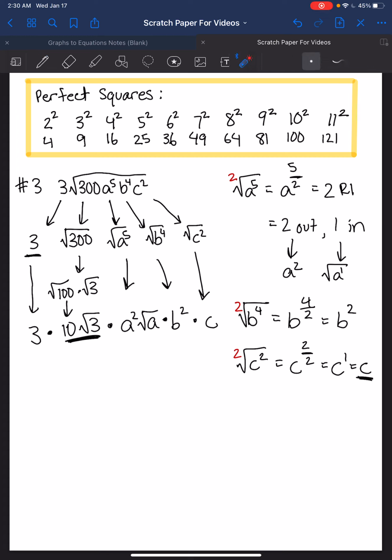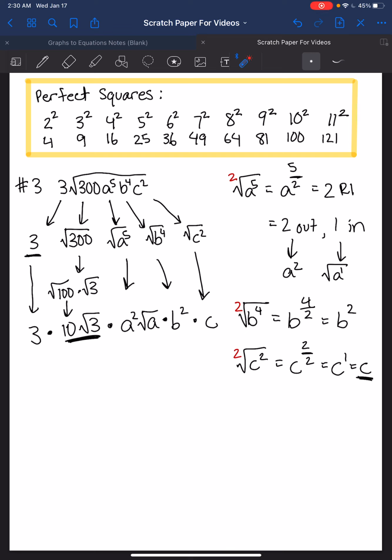And then all I have to do is multiply all of this back together. I'm sure this felt pretty overwhelming, especially with how I broke down that a. The more you work with these, the easier they will get. So now let's multiply all this back together. Remember, numbers go first, then letters in alphabetical order. Square root is at the very back.